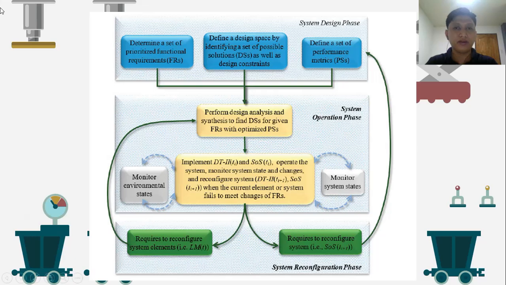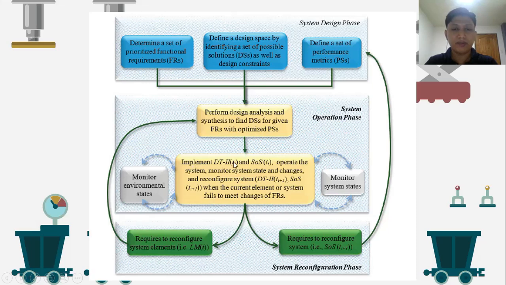So here we can see that the top portion is the system define phase, where we need to identify the FRs or functional requirements, the possible solutions, and the performance metrics. The middle one is the system operation phase, where we perform design analysis and synthesis.